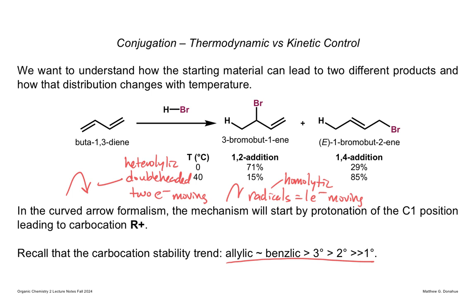And as a review of what allylic and benzylic means, that would be an allylic carbon. And if we had benzene, this would be a benzylic. So those are just sort of directions where to look in a molecule.